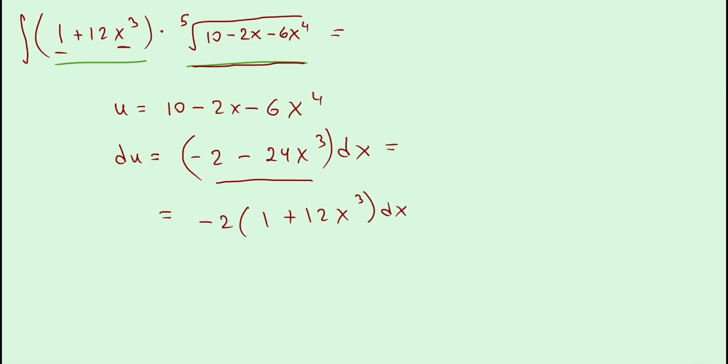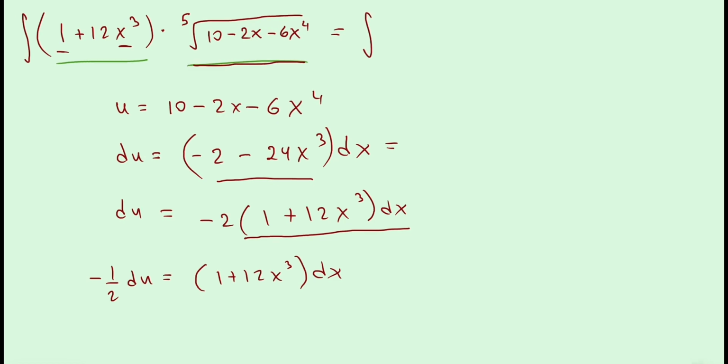And then we could solve for this function, 1 plus 12x cubed dx, and we will get, let's write du here, negative 1/2 du equals 1 plus 12x cubed dx. Now let's substitute everything we know into the function. So we have u equals the second function, so we'll rewrite that, 5th root of u times 1 plus 12x cubed dx is this function, and that equals negative 1/2 du. So we'll multiply this by negative 1/2 du.